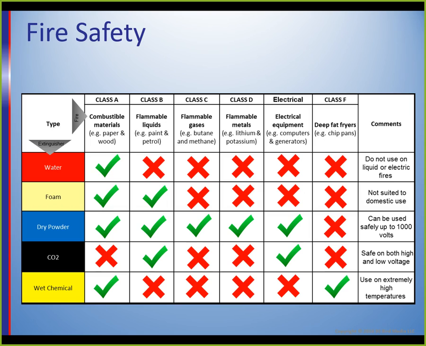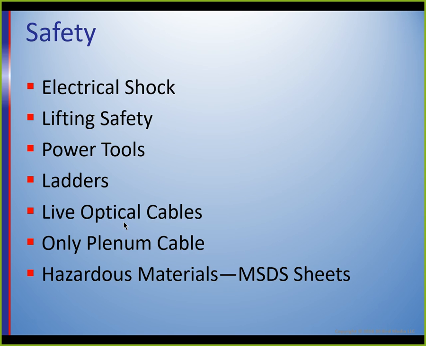It'll put the fire out, won't create shorts, won't create electrocution situations, but it can do damage to the equipment. CO2, I think, is still the preferred for the electrical fires. And then the deep fat fires, the Class F, the wet chemicals for those. So different fire safety things.